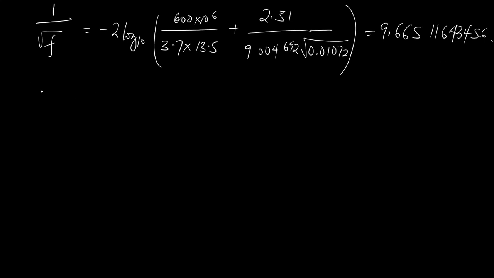116,43456. So now the F will now be the inverse of this. The inverse of this and square it. So let me square of this.